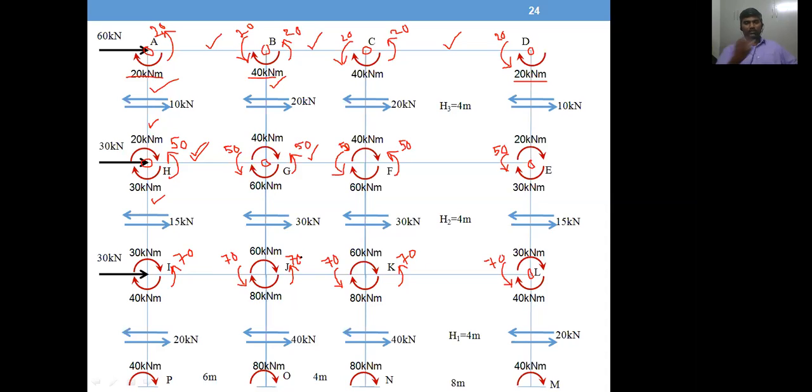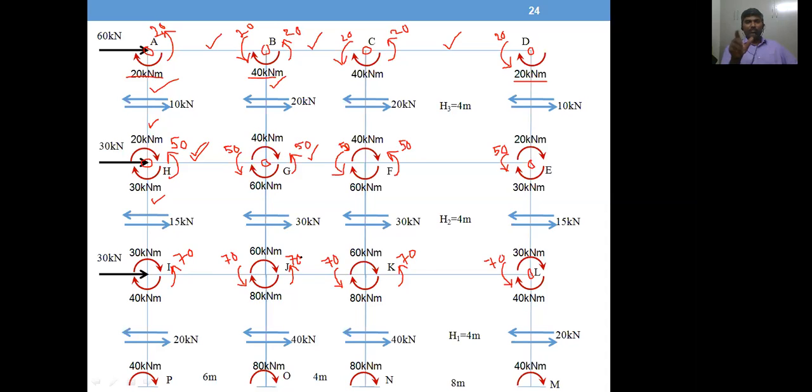So to brief it simply, the topmost beam will have 20 bending moment anti-clockwise. The next story below that will have 50 kilonewton meter anti-clockwise bending moment. Below that, the first story beam 70 anti-clockwise.